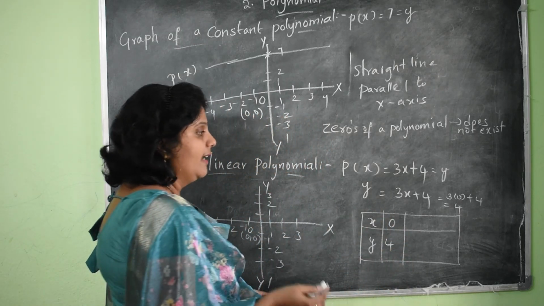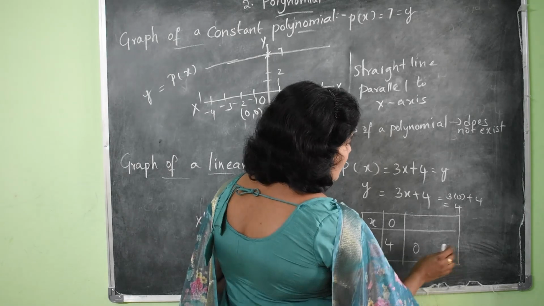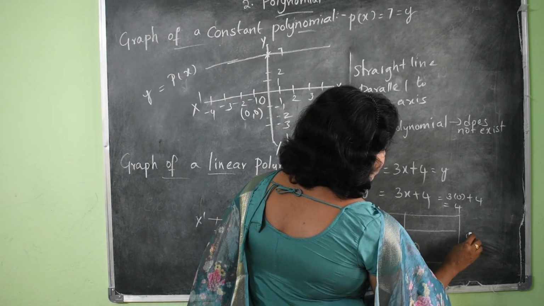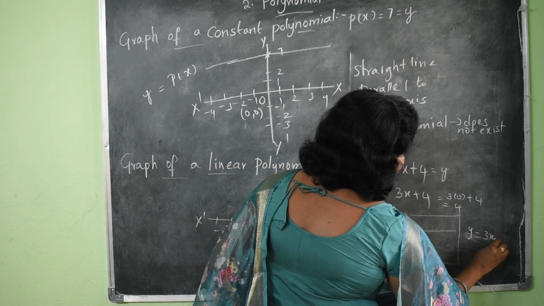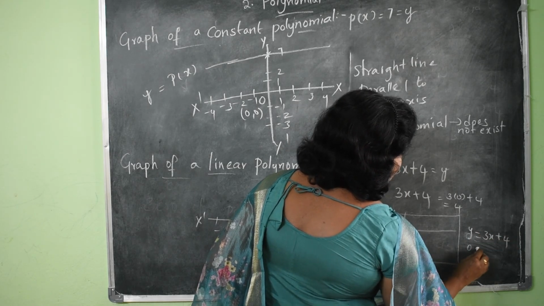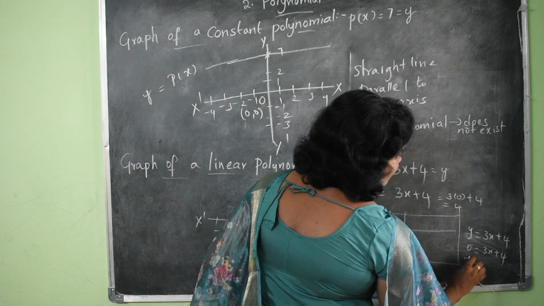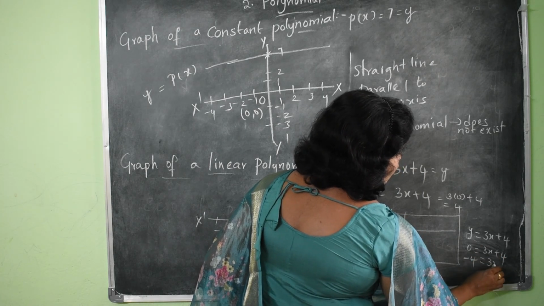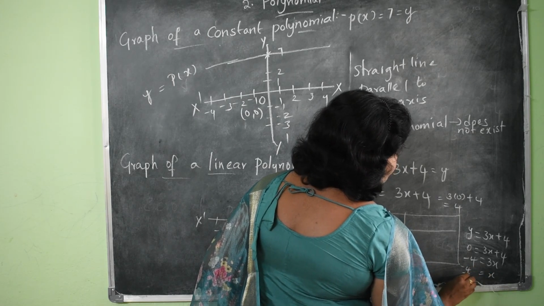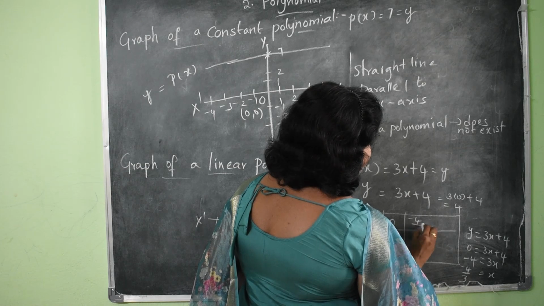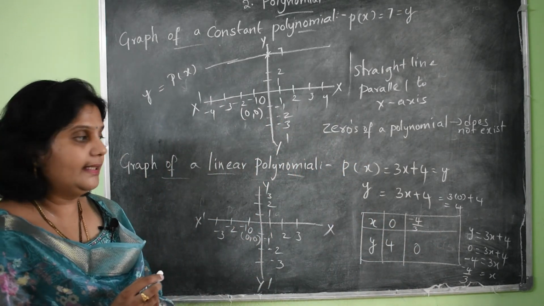Now if I take the y value as 0, so y is equal to 3x plus 4. What is the answer we got? Plus 4, when it comes to the other side, will become minus 4. So x is equal to minus 4 by 3. So when I took the y value as 0, the x value is minus 4 by 3.